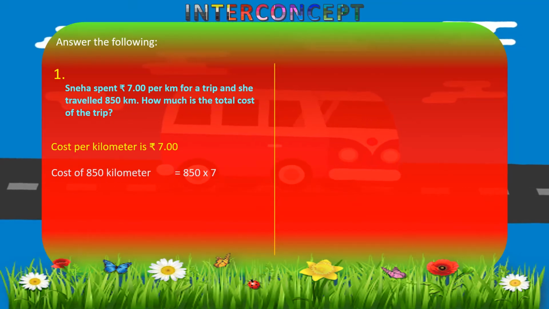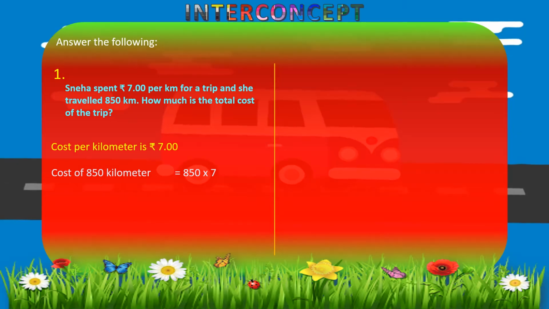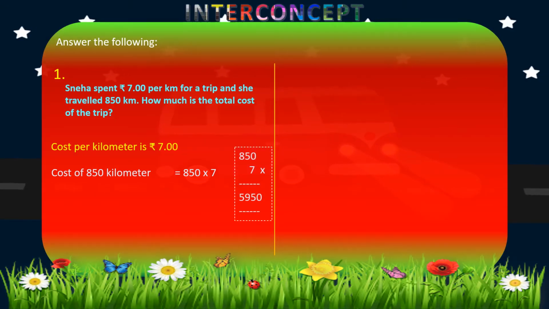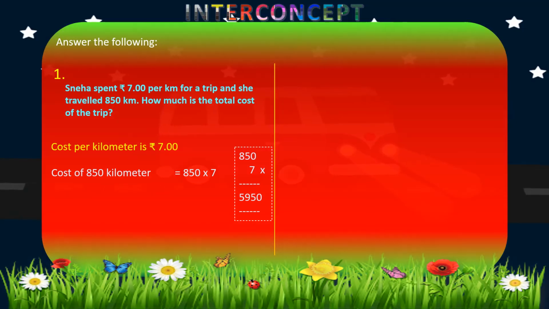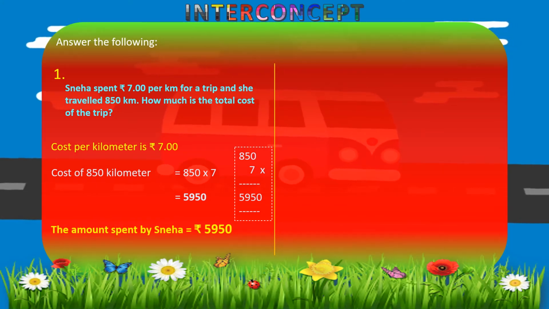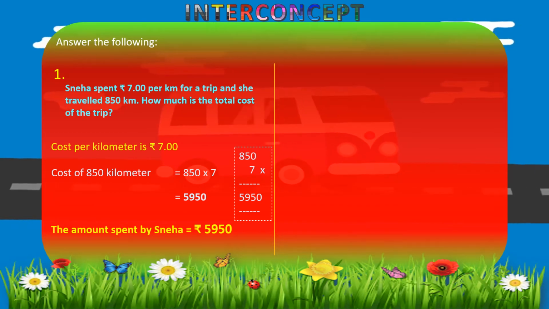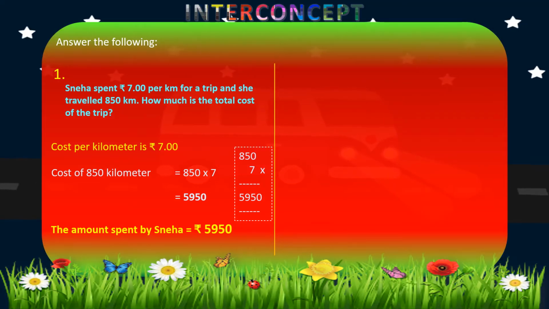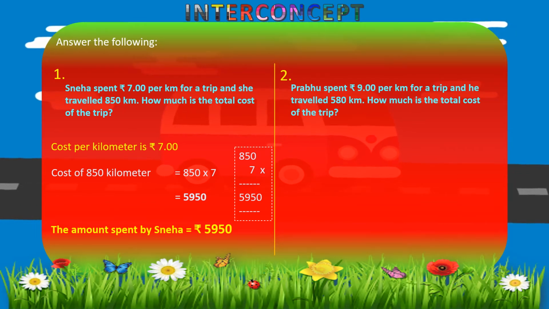Cost of 850 kilometer is 850 into 7. So the answer is 5950. The amount spent by Sneha is rupees 5950.